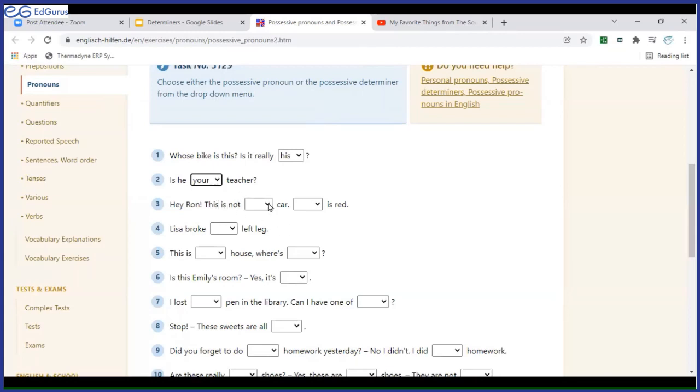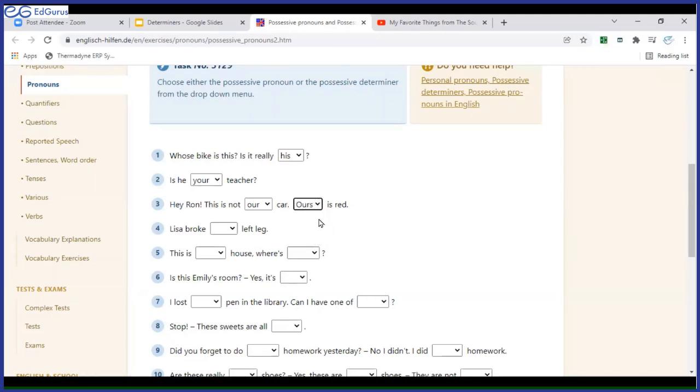This is not our car. Very good. Ours is red. Our or ours? Ours is red, right?